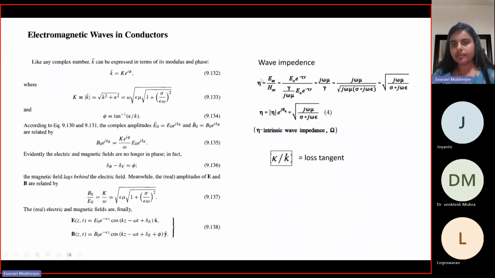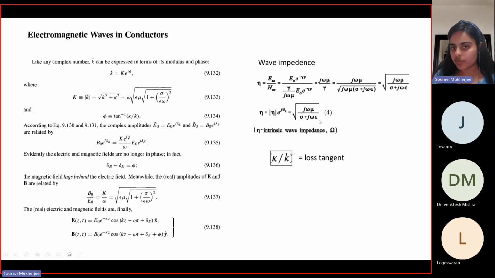Okay. So in terms of any medium, there is one important parameter, which is the wave impedance, which is given as the ratio of the electric field intensity to the magnetic field intensity. For a conductor, you would get an expression like this. Now if sigma is 0, which is for any media that is not a conductor, you would get the wave impedance as root over mu by epsilon.